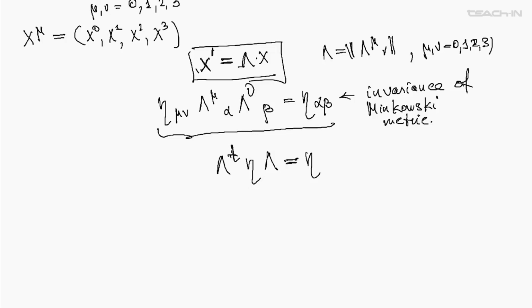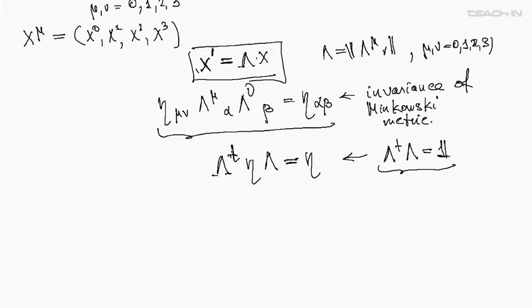And so in a sense, what you see is that this definition here is a generalization of the standard condition lambda transpose lambda is equal to identity, which you know for orthogonal matrices representing the rotation group, right?